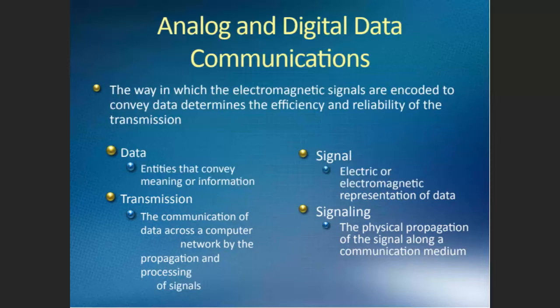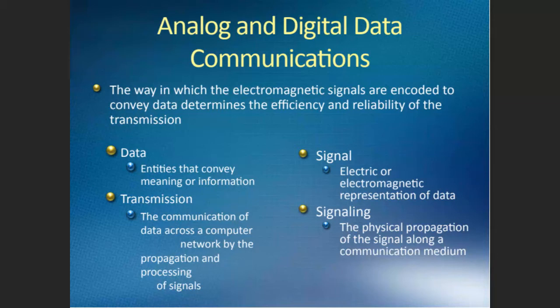Transmission is the communication of data across a computer network by the propagation and processing of signals. Propagation means traveling. We like to use our own terminologies for telecommunication. So instead of saying traveling or transmitted, we say propagate, for an electromagnetic signal it's propagating.